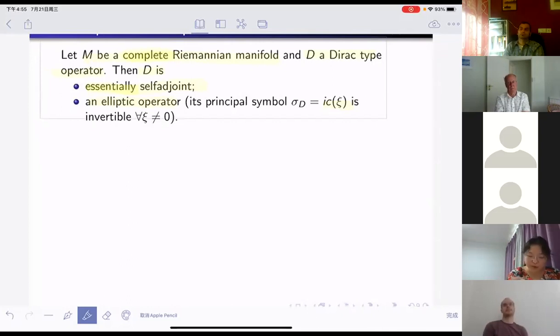In any case, for Dirac operators, say on R^n, to find the principal symbol, we just freeze the coefficients, so the coefficient does not change, and take the Fourier transform.